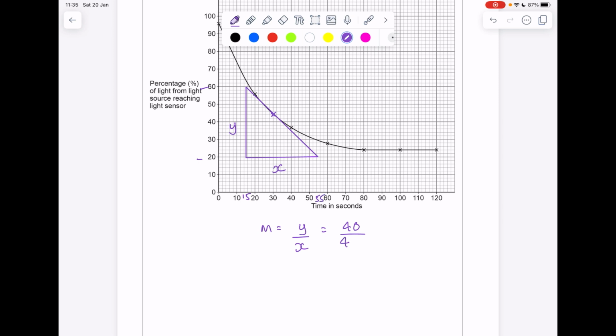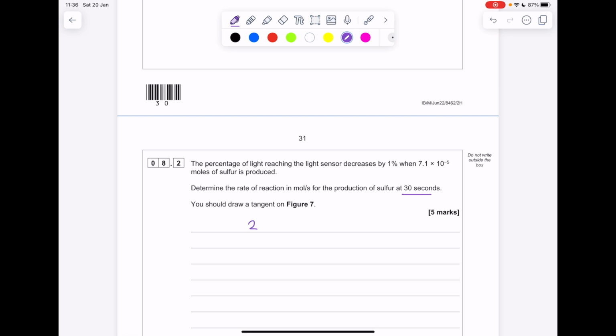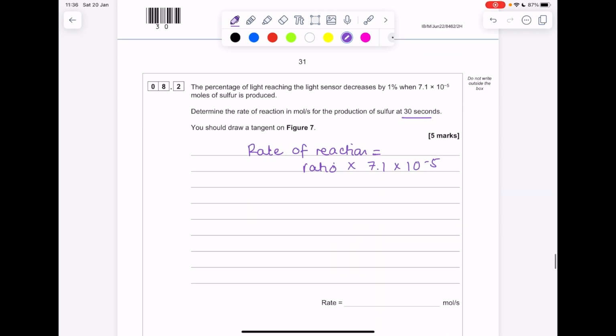So it's 40. So that gives us the ratio. And then to find the rate of reaction, we do the ratio we've just calculated times the number of moles. So that's effectively 1 times 7.1 times 10 to the minus 5.